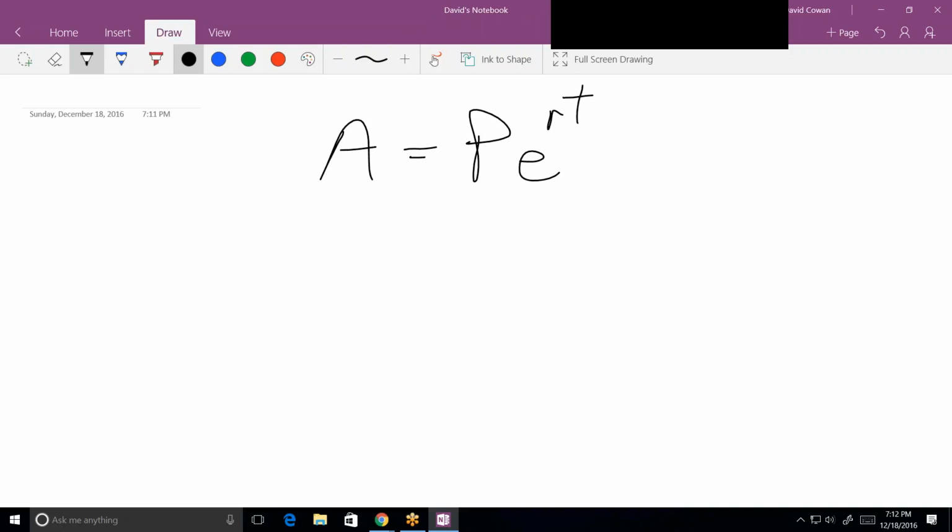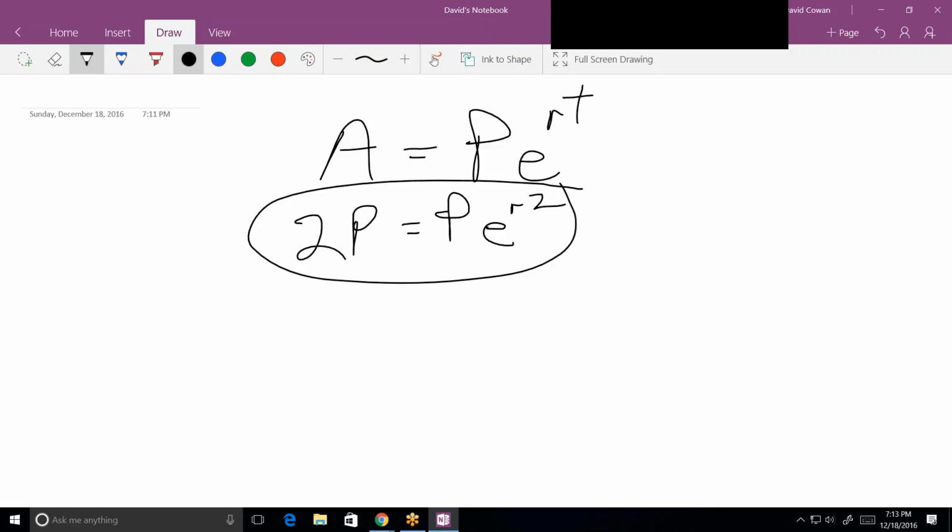They said a single cell doubles how often? Every 3 days. Okay. So I substitute 3 for t, and over here on the left I'm going to put 2P. You see what I did?